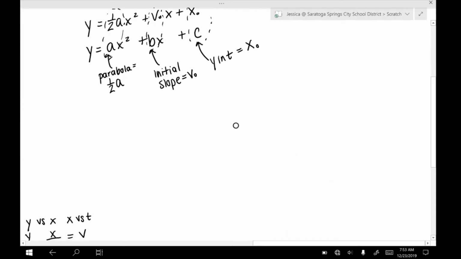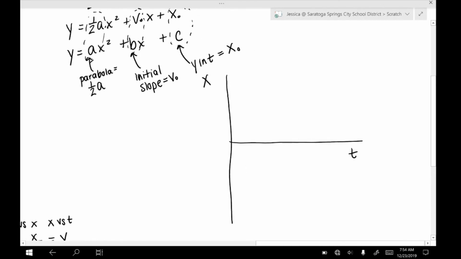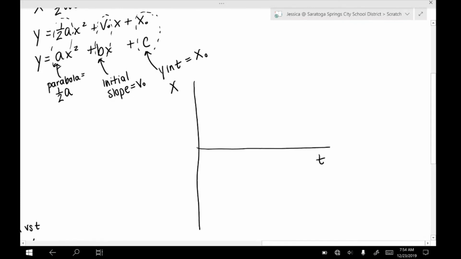So let's take a look at some position versus time graphs with acceleration. The most common graph we're going to see is something that looks like this, our standard parabola. Our initial x position is 0, so we're starting at 0. Our initial slope is 0, so that means our initial velocity is 0. And you see how we are curving upwards in a smiley face?